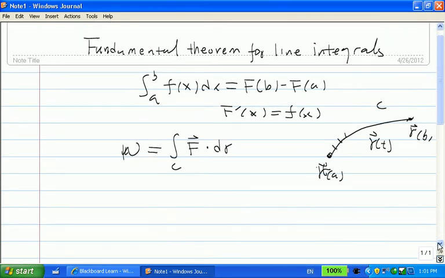That's what it is. My force here is a vector field with two components. Three components, same thing. Or you can write Pi plus Qj.